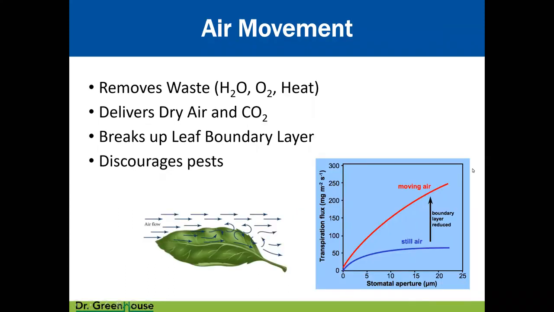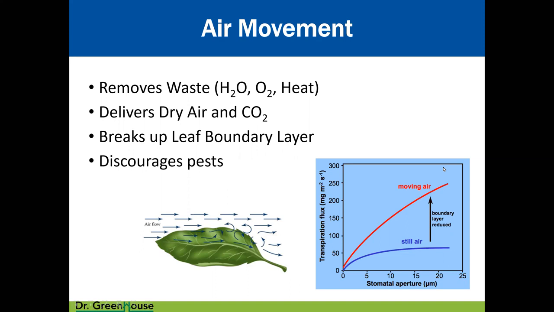So I want to talk about air movement for a second, because I think this is a strategy that's often missed, especially by greenhouse growers. There's a lot of research. I'm sorry, I didn't have time to put a bunch of research articles together, but there is a lot of research that shows that just by moving air across your plants, especially leafy greens, you can prevent a lot of those issues associated with evapotranspiration deficiencies.